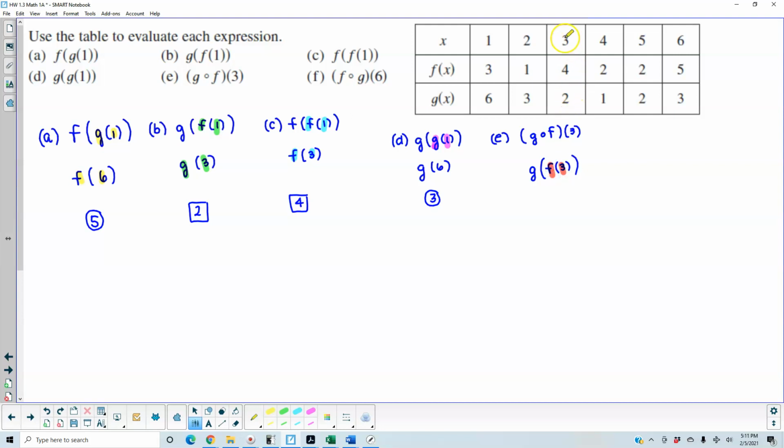When the input is 3, the output on f is 4. So now this becomes g of 4. Now 4 becomes the input on g. And so what is the output on g of x? Well, the answer is 1.